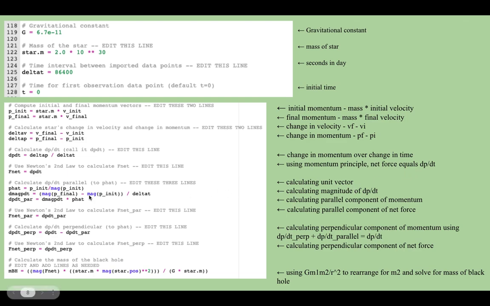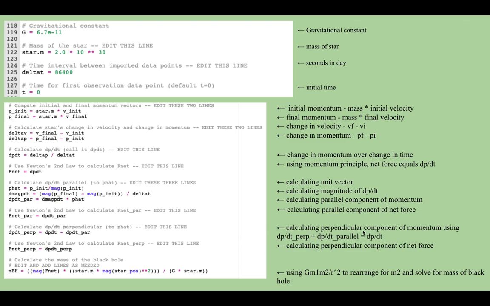And here we are calculating the unit vector, or p-hat, by dividing the initial momentum by the magnitude of the initial momentum, and we use that to determine the parallel component of dp/dt, which we can also set equal to F net parallel because of the momentum principle.